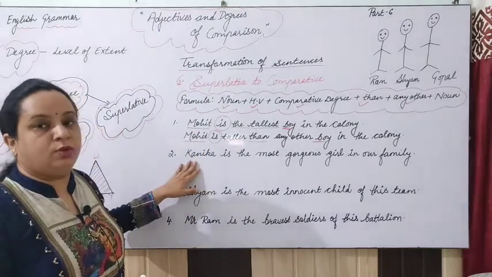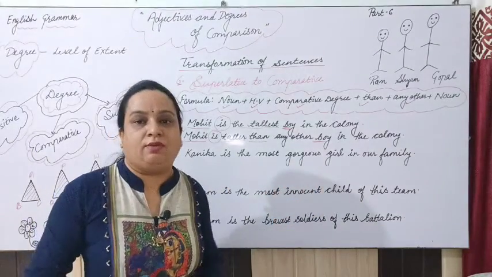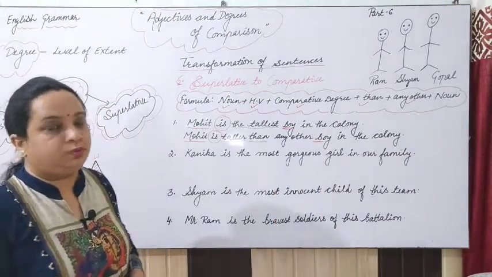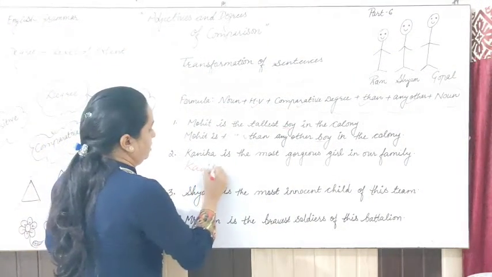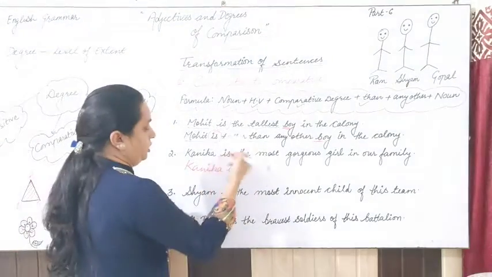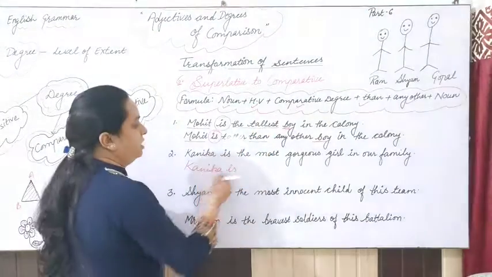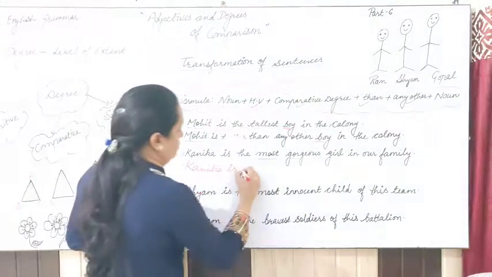Question number 2: Kanika is the most gorgeous girl in our family. So what will we do? Kanika is, then we have to use the comparative degree. Most gorgeous becomes more gorgeous.